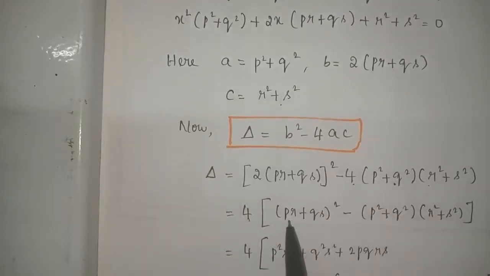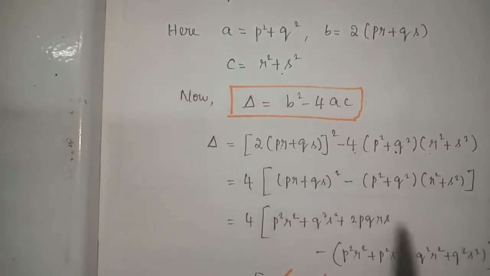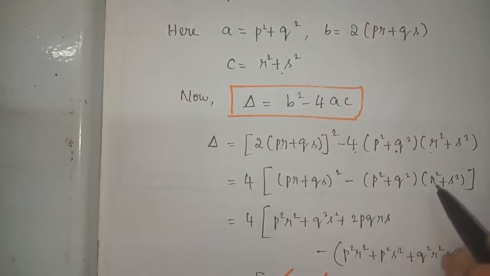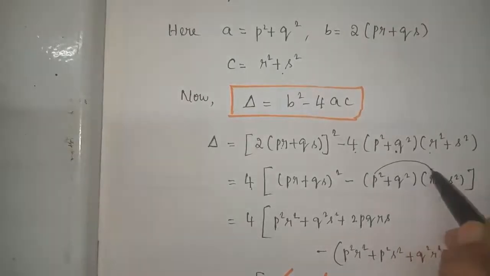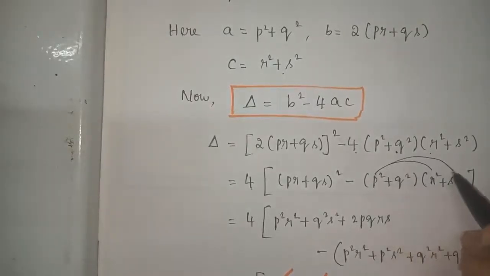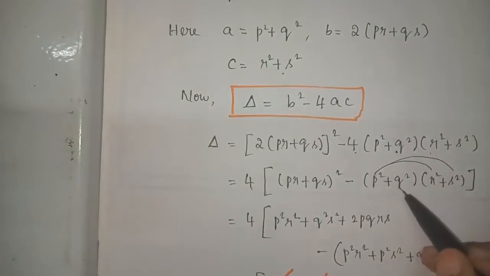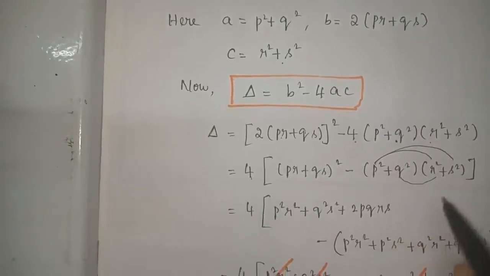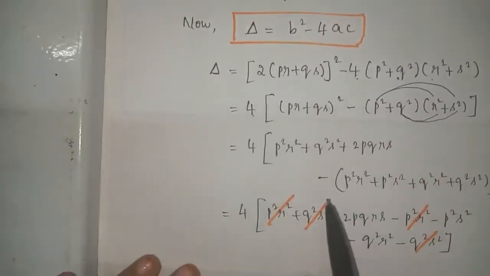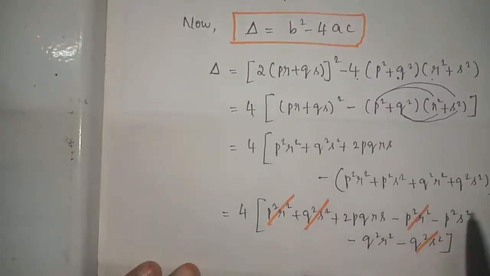Now we know the formula for (a + b) the whole square. We can expand it: p²r² + q²s² + 2pqrs, minus, you just multiply these two factors, p² into r², then p² into s² plus q² into r² plus q² into s². Then we multiply the negative sign throughout.